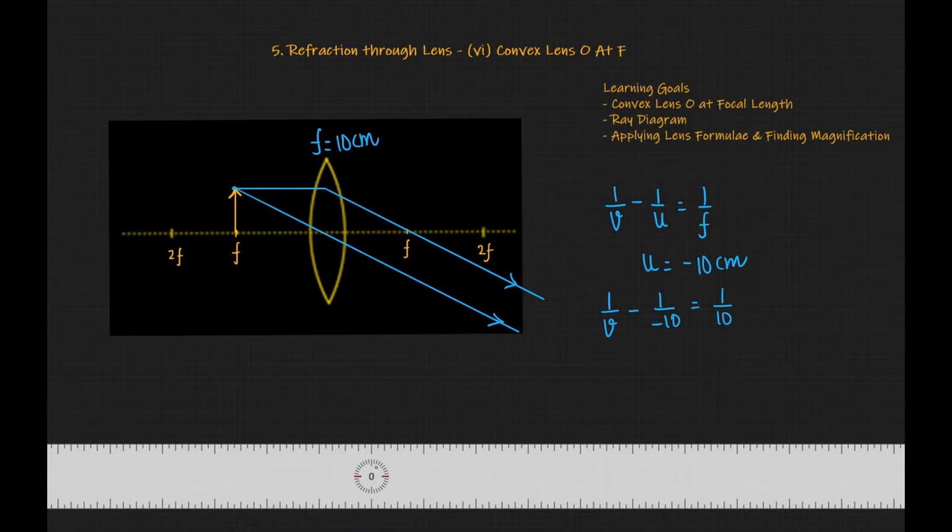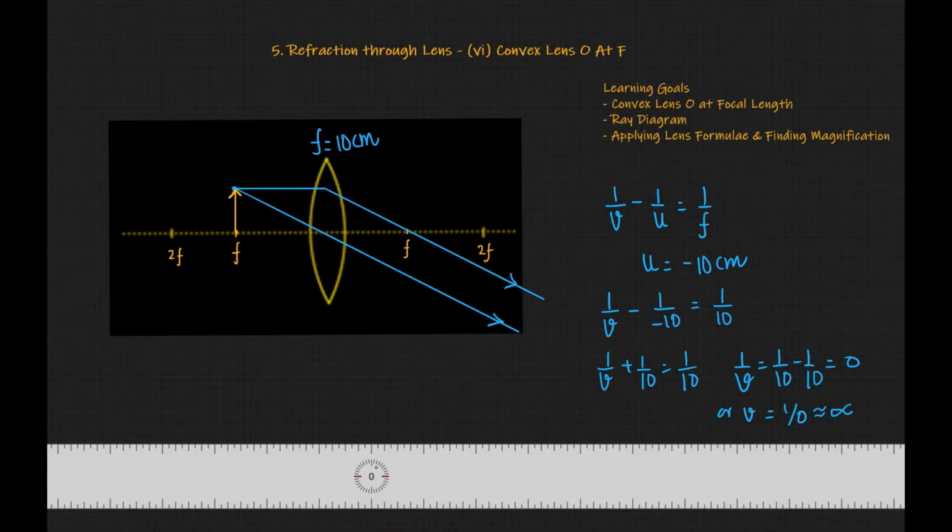In other words, 1/v plus 1/10 equals 1/10, and so 1/v is 1/10 minus 1/10, which is 0. So v is 1/0, or it tends to infinity, a very large distance.